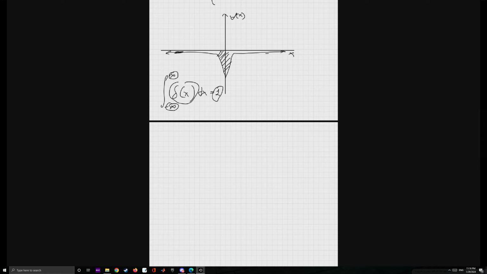This is an important point. Imagine this is the same thing as if I wrote x minus 0, so we have the spike at 0. If I had a spike at another point, I could just generalize it to x minus a, and say that if a is within these bounds, then the integral over dx equals 1.